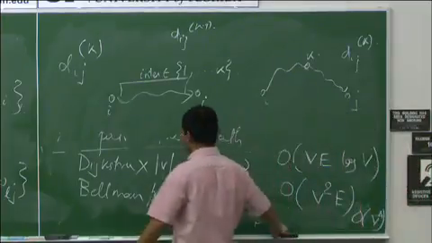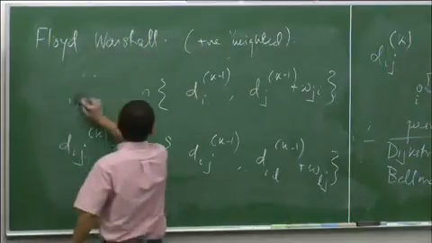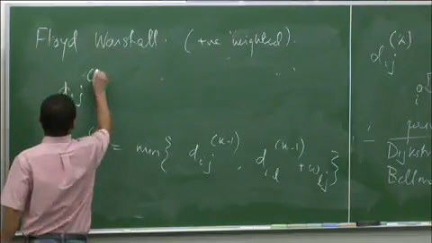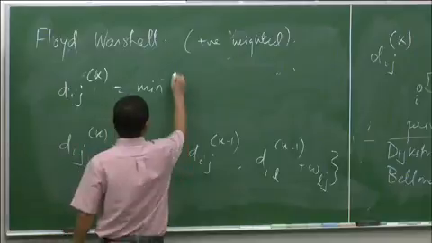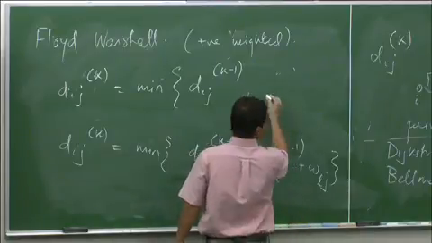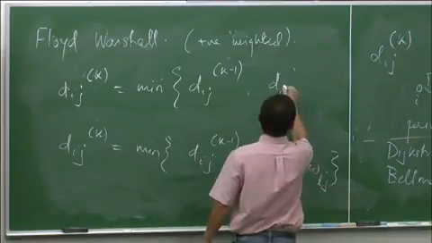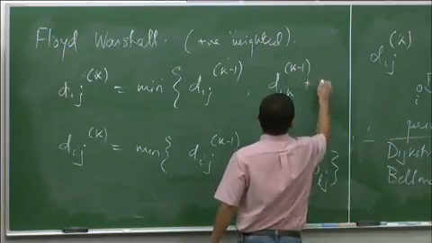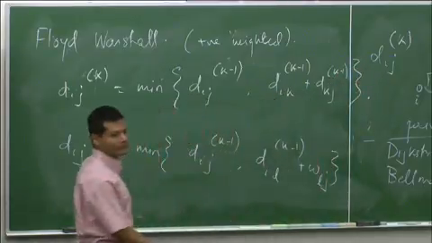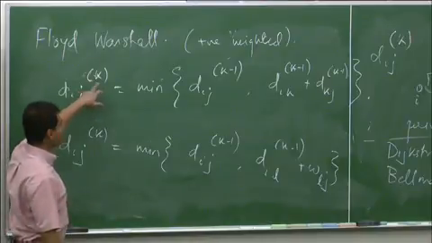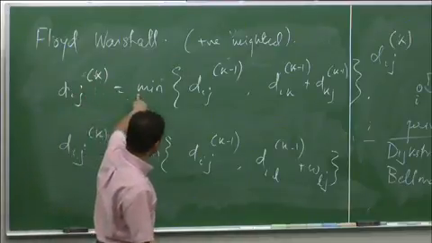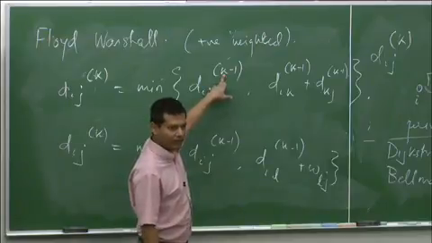Okay. So, here is what Floyd-Warshall is then doing. d_ij^k, this is a new index k, this index is about going through nodes 1 through k, is once again the minimum of not going through k, so k minus 1.